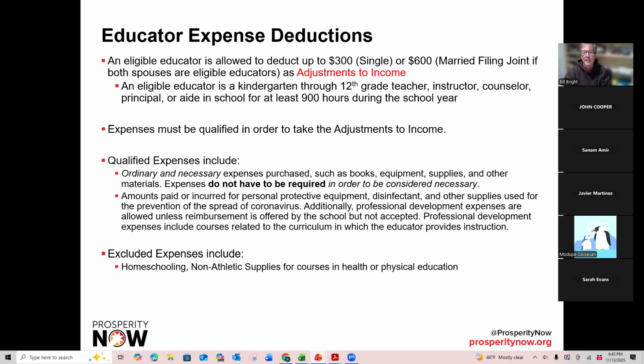And these are the expenses that teachers and aides pay during the school year, all kinds of stuff, which again, everybody who I've talked to gets this deduction spends a lot more on that than this. So, crayons, books, paper, etc. Even supplies during COVID back in the day. Again, homeschooling expenses, non-athletic supplies for courses in health and physical not included.